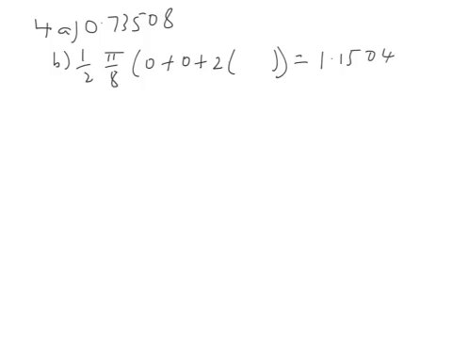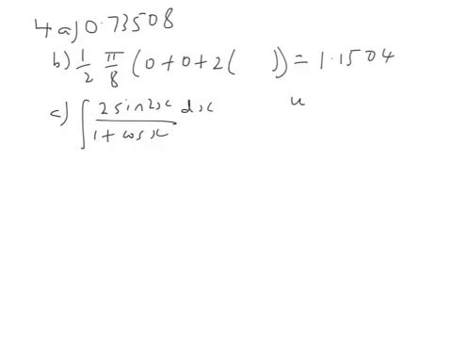Now in part C we've got to use integration by substitution. So we've got 2 sine 2x over 1 plus cos x dx, and u is 1 plus cos x. Now if I differentiate cos, it's minus sine.